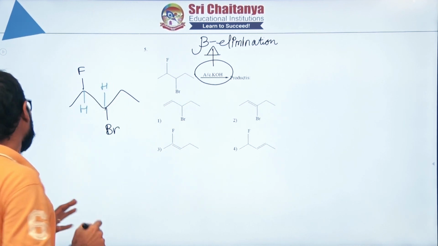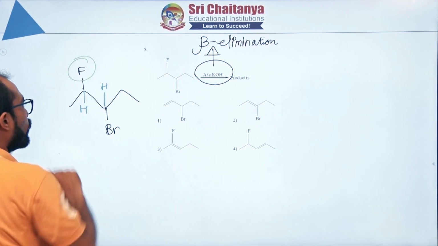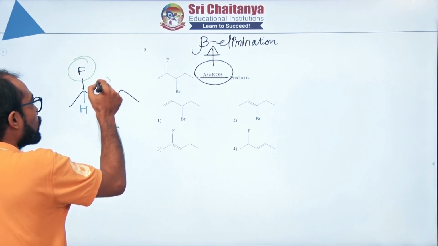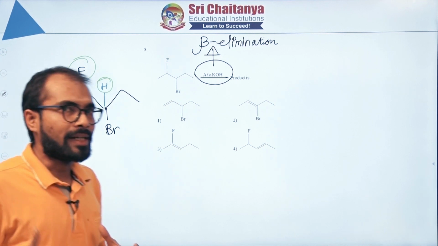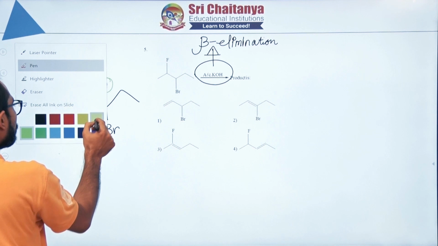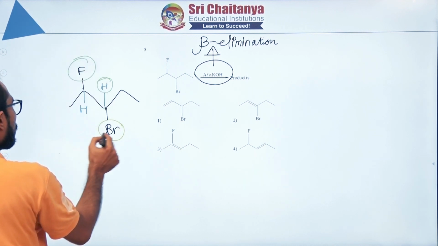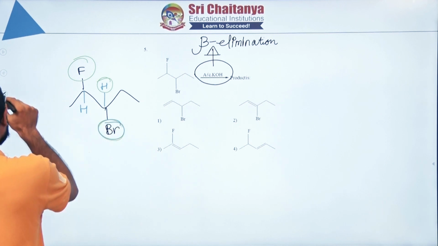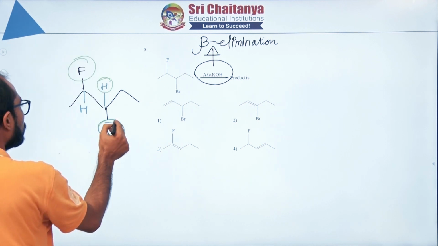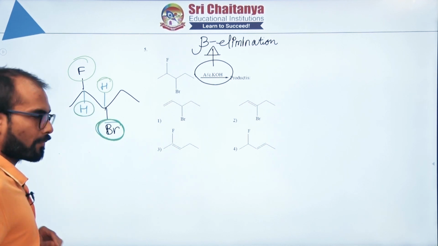Now with respect to this particular halogen, this hydrogen is your beta hydrogen, and with respect to this other leaving group, this is the beta hydrogen, right?